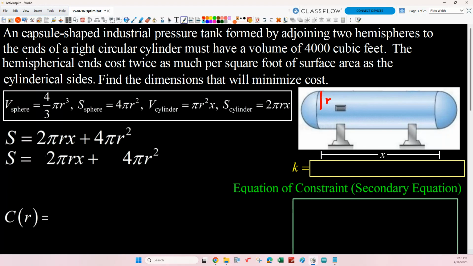If we just multiplied 1 times that area plus 2 times that area and made this the cost, well, what do that 1 and that 2 really mean? What should the units of cost be?